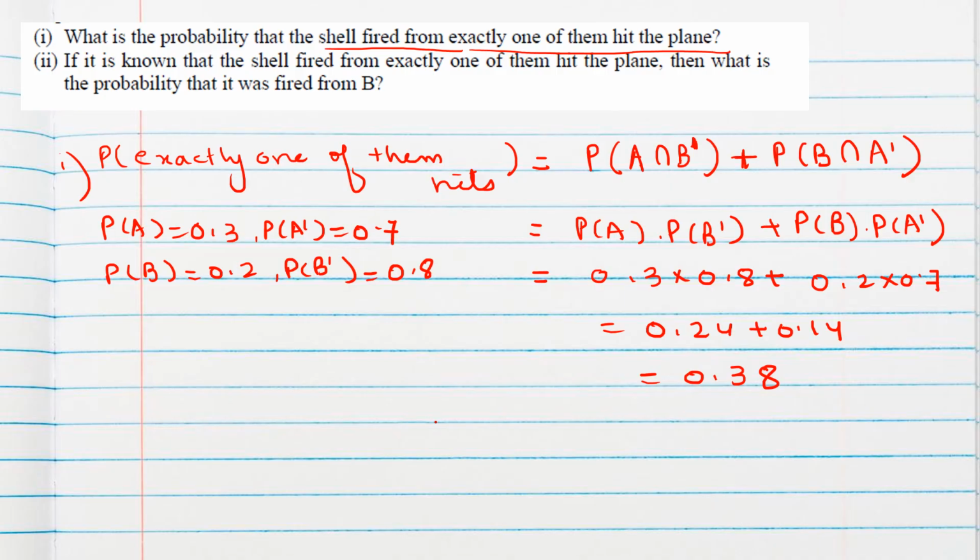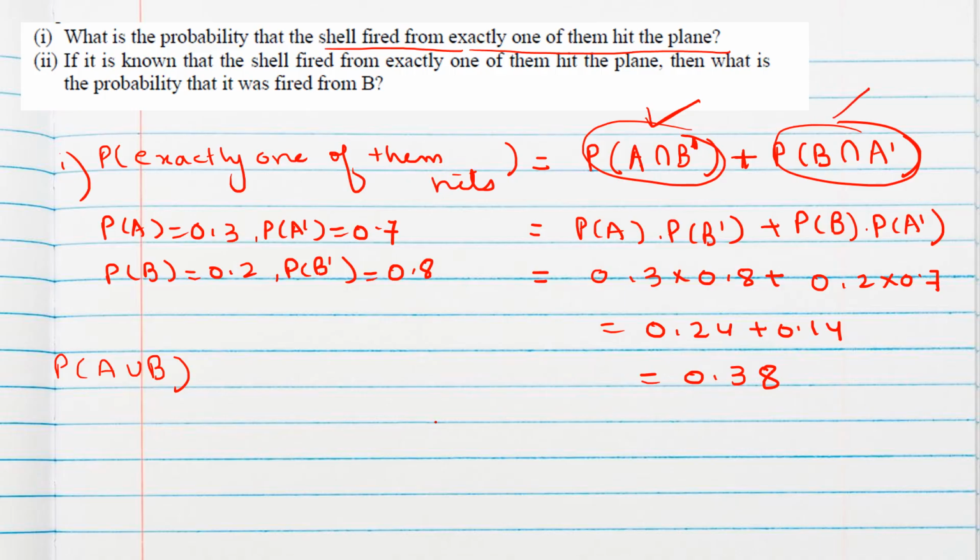Here is one important point you have to understand. One common error is what students think: shell fired from exactly one of them hit the plane means either A hits the plane or B hits the plane, then why can't we find probability of A union B? But you have to understand that when it is asked exactly one of them hits the plane, it is equivalent to only A hits the plane or only B hits the plane.